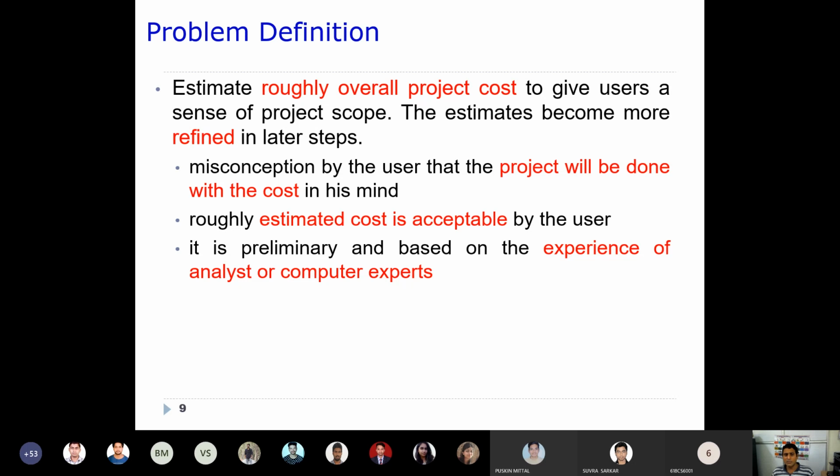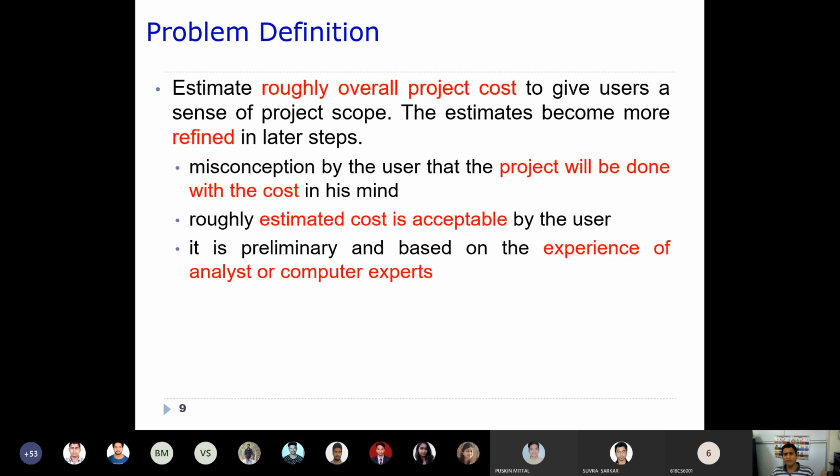There is a misconception by the user that the project will be done with the cost in his mind. The user always thinks that whatever cost is in his mind will be the final one, but that will not be the case.